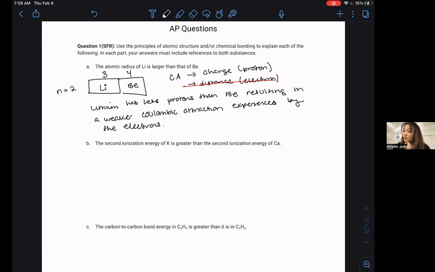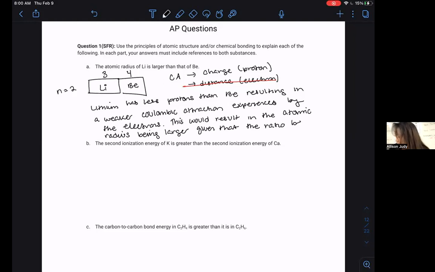Okay. And that would result in the atomic radius being larger, given that, let me rephrase that.